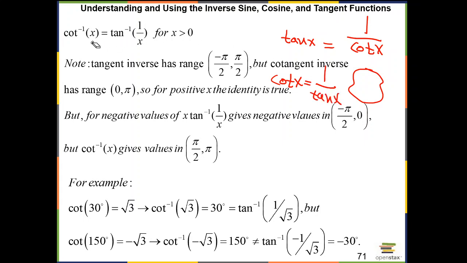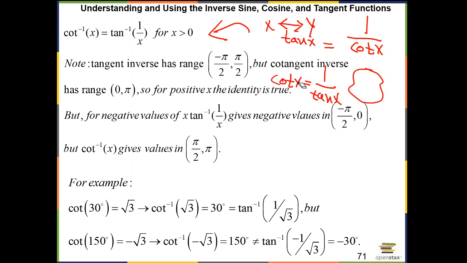Now, these are not tangent and cotangent, but they're inverses of tangent and cotangent. So that means x and y are switched. So whatever is true for y values is true for x values here, for domain values. So cotangent inverse of x is the same as tangent inverse of 1 over x.